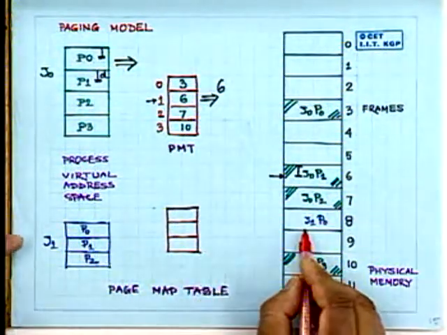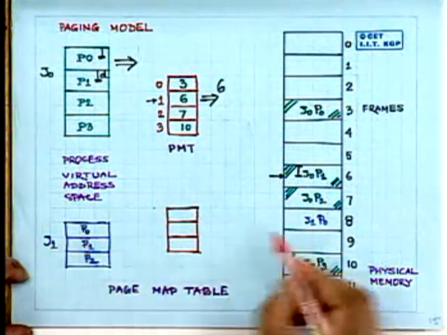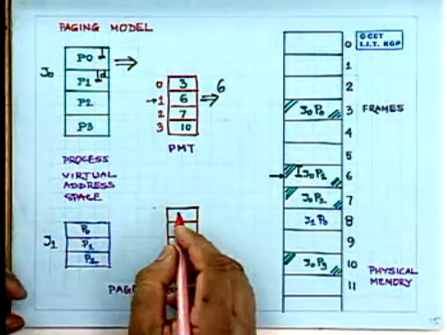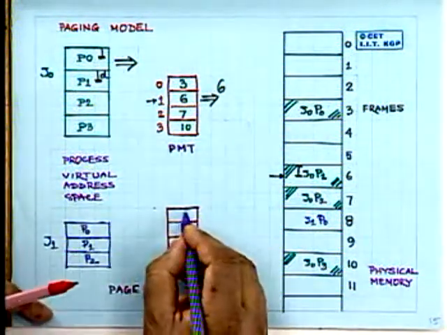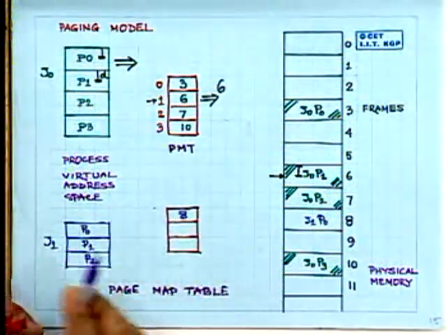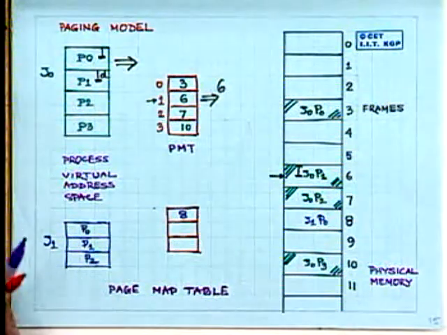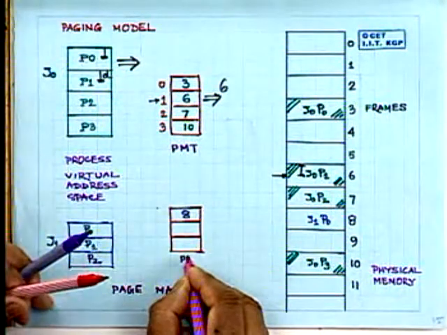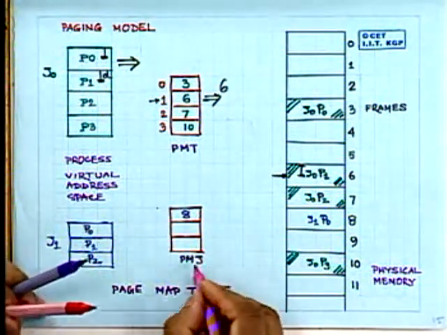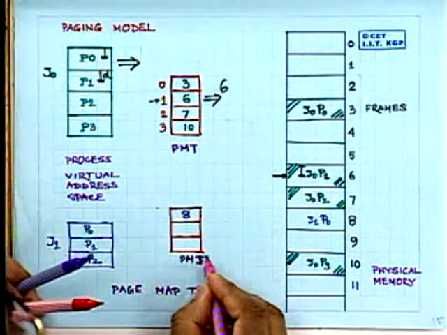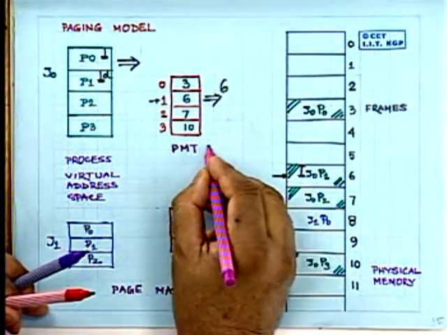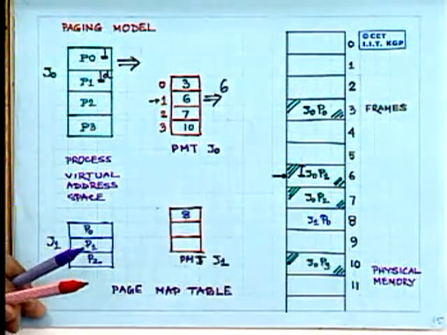The job 1 page 0 has been loaded into frame 8. Therefore, that 8 I enter here, right? This is the page map table of J1. This is the page map table of J0, right?